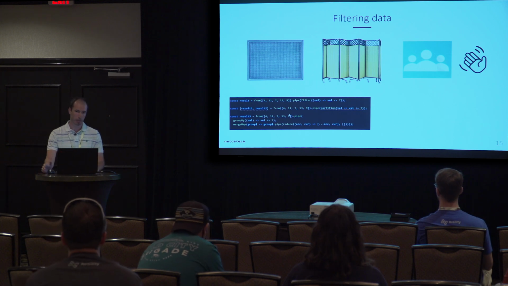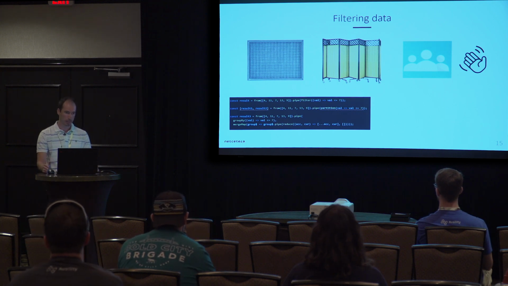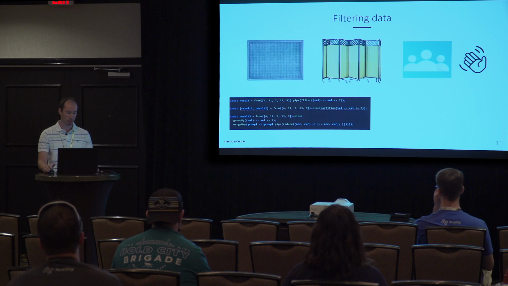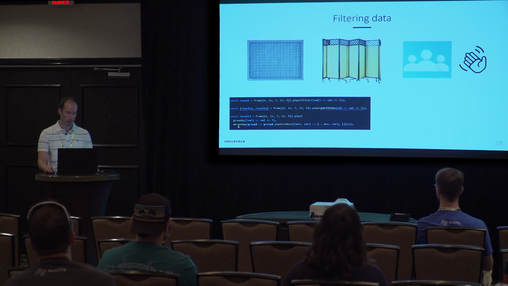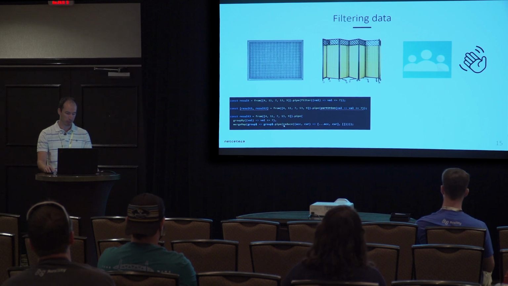In some cases, if we want to take this further and create multiple groups based on criteria, we can use the group by operator. And here again, we pass the predicate, but then we would like to have a list. And in this case, we'll use reduce. So once all of these elements are processed, they will be grouped, and there will be n groups outputted as the result of that.